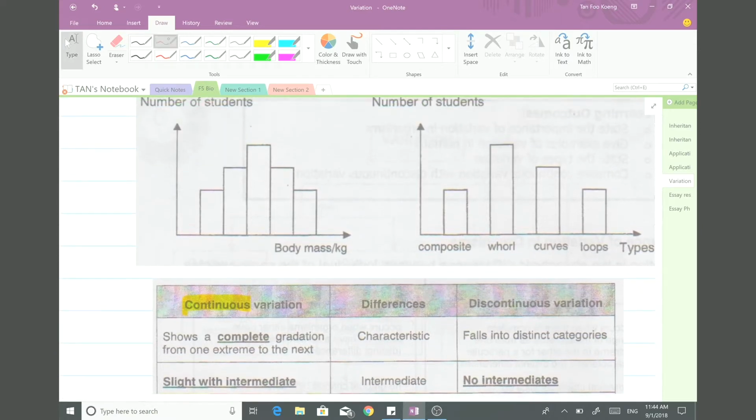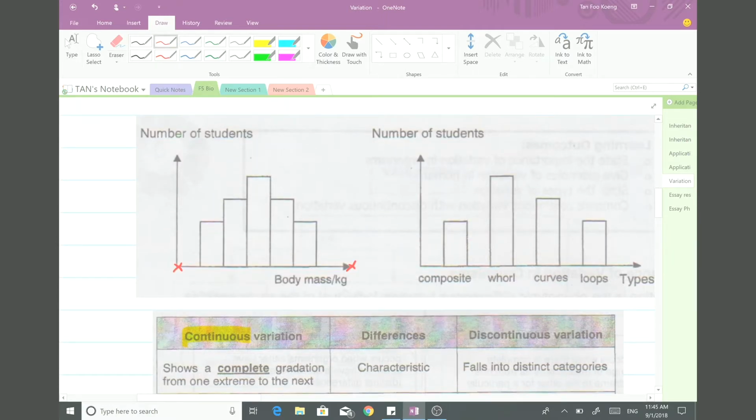Taking body mass, for example, we have people who are very, very light. We also have people who are very, very heavy. So if you collect their mass and plot the mass of, let's say, the whole human population on this graph, you will discover that they follow this distribution known as normal distribution.